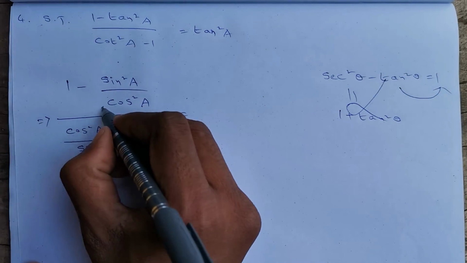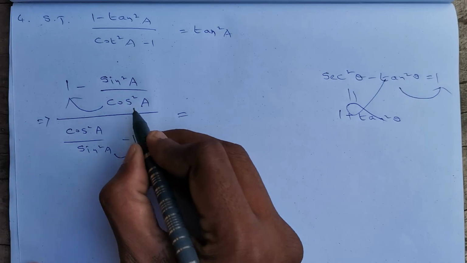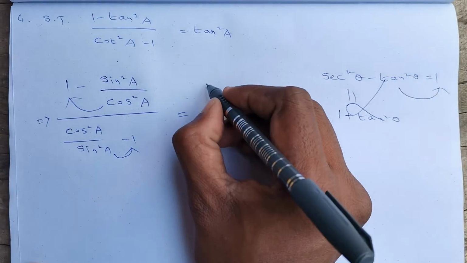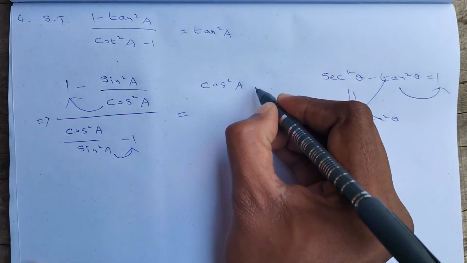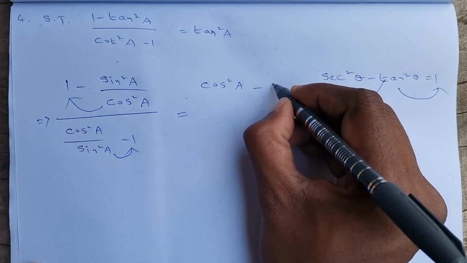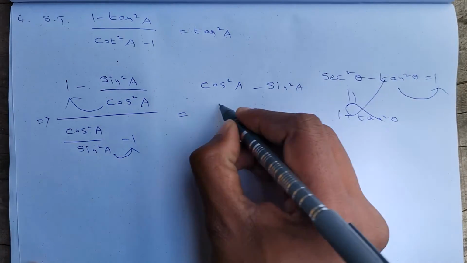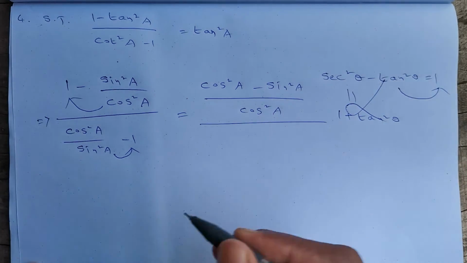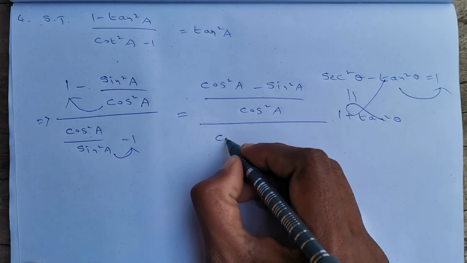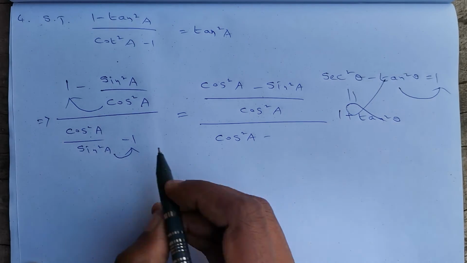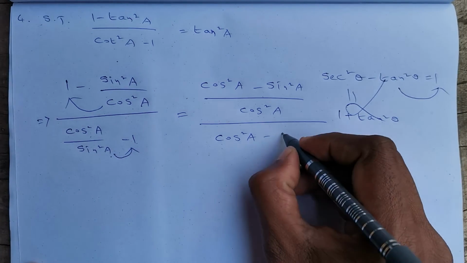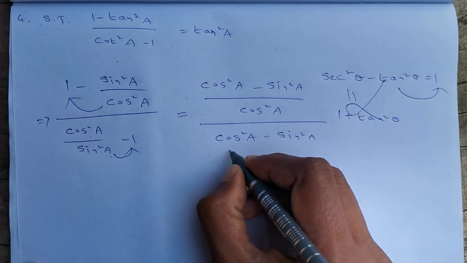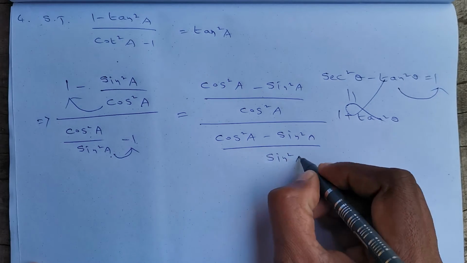Now multiplying here and here, we get cos square A into 1, cos square A minus sin square A divided by cos square A, whole divided by cos square A as it is minus sin square A into 1, sin square A, whole divided by sin square A.